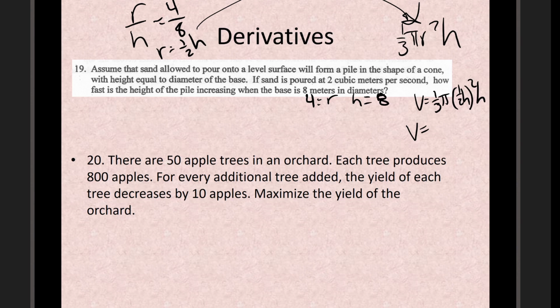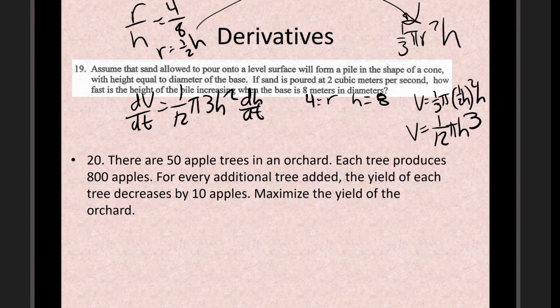Anyways, 1/3 times 1/4 is 1/12, so I can rewrite this as 1/12 pi h cubed. And now I'm ready to take a derivative and get dV/dt equals 1/12 times pi times 3h squared dh/dt. And dV/dt is 2 cubic meters per minute, so 2. 3 divided by 12 is 1/4.